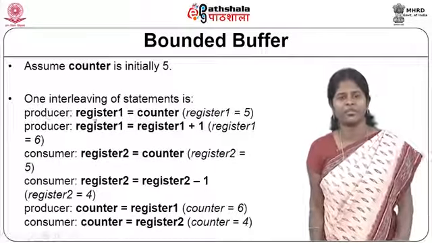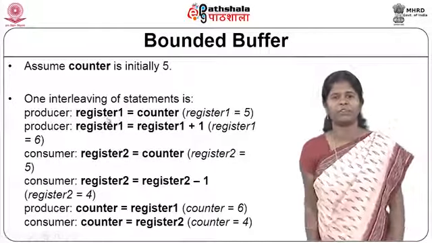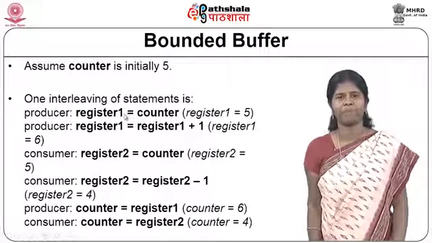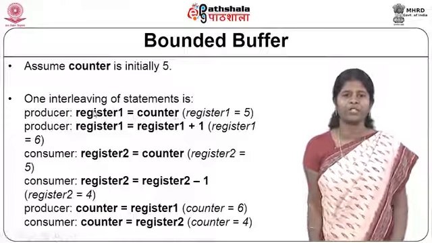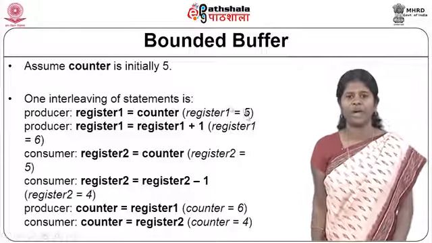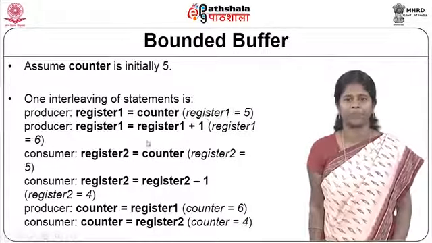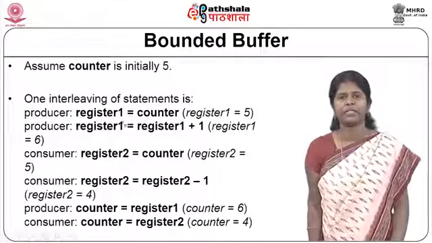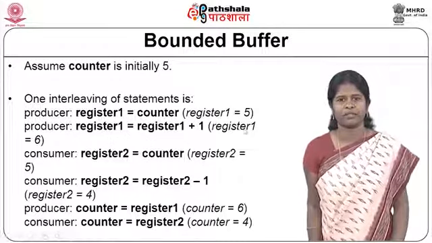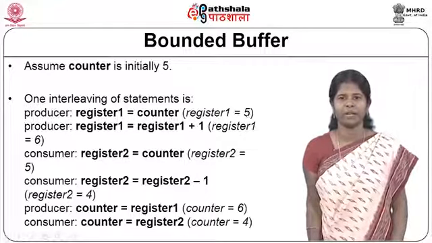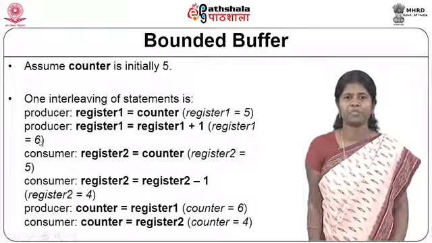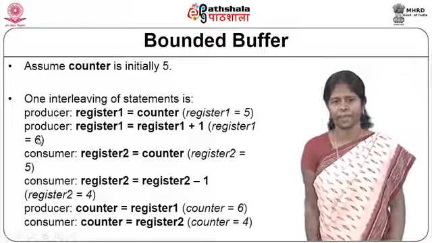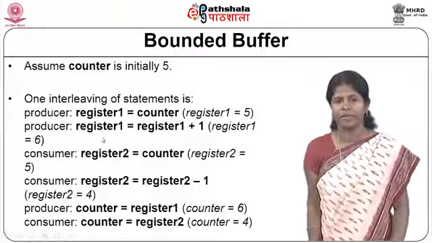See, the producer executes the statement counter plus plus first, and that in turn has a copying of the counter value to register 1. So, 5 is copied onto register 1 and then register 1 should be incremented. So, register 1 is incremented by 1, and the value of register 1 becomes 6. Then now there is a context switch.